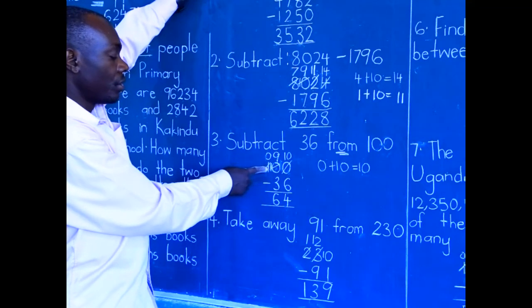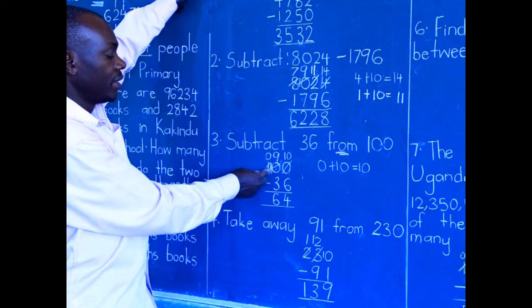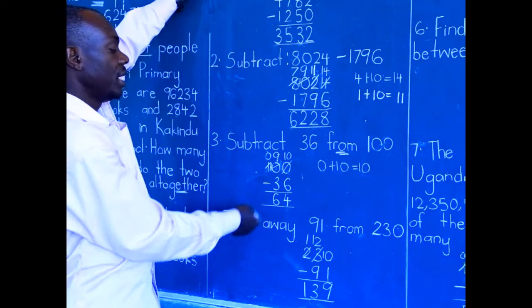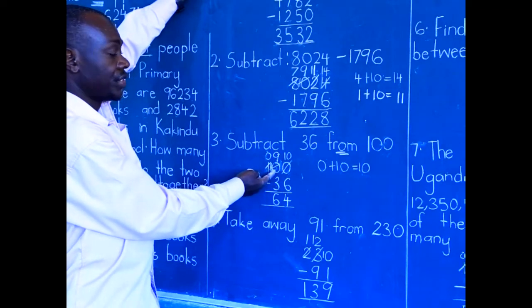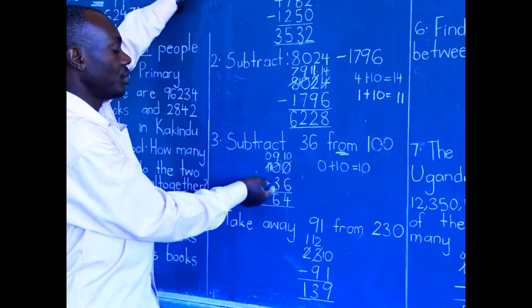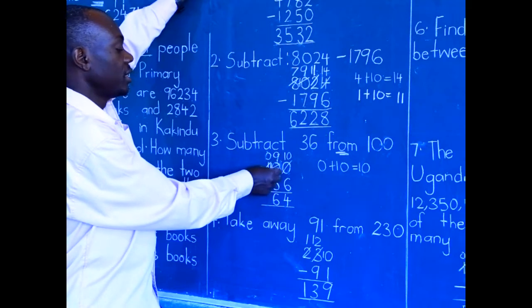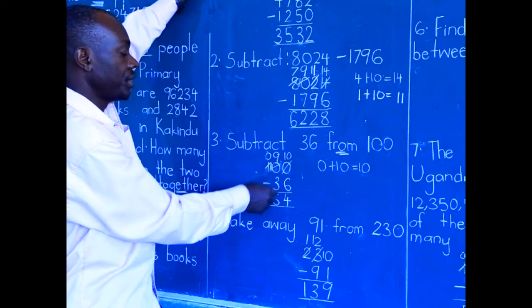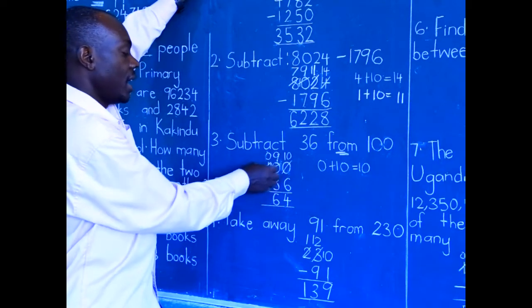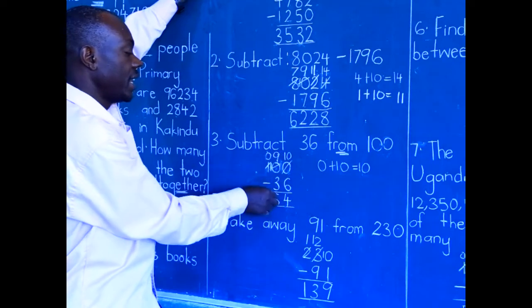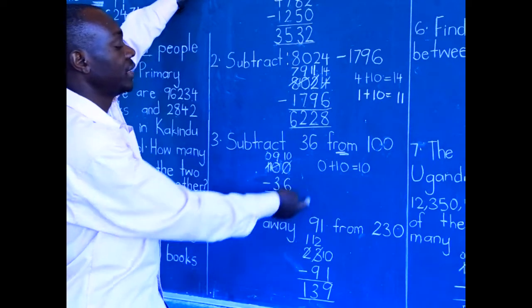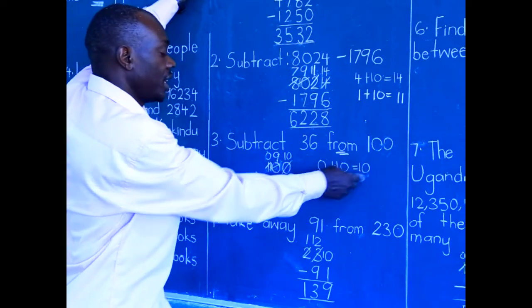So then we borrow from the next neighbor who has 1, and now we borrow that 1 and remain with 0. And remember, this neighbor did not have anything. We bring that 10 onto 0, where 0 plus 10 you get 10, and the intention was borrowing up to this 0. So we borrow a 1 from this 10 and remain with 9, and now we bring that 1 in terms of 10. That is 0 plus 10 you get 10.